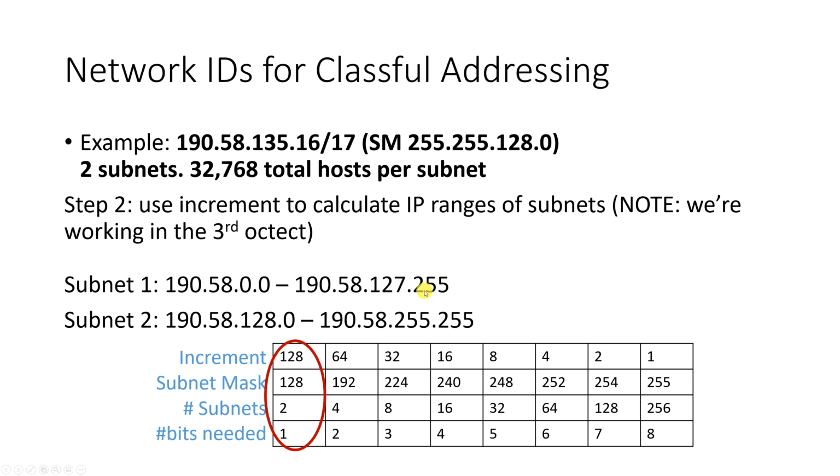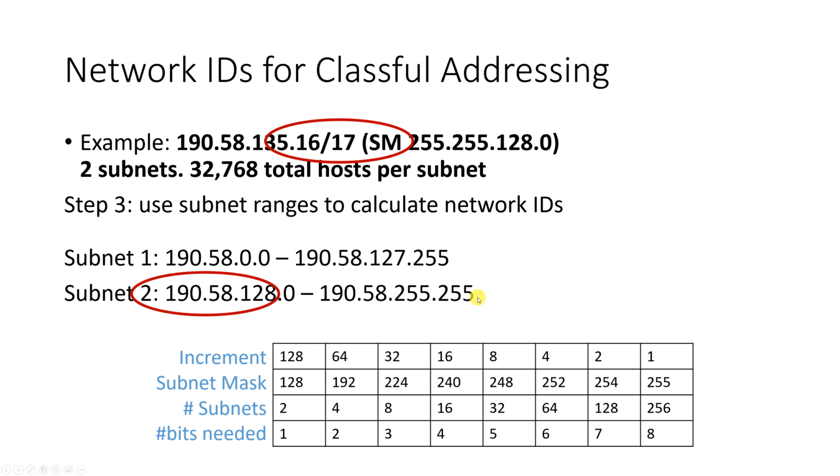It carries back over to the third octet. So the third octet jumps from 127 to 128, and then the fourth octet goes back to 0, because now we're in the second subnet. And the second subnet goes from 190.58.128.0 all the way up, max it out, 190.58.255.255.